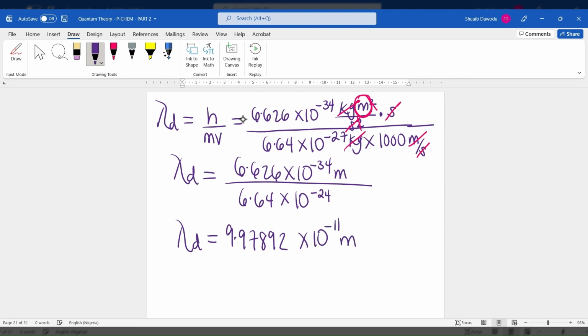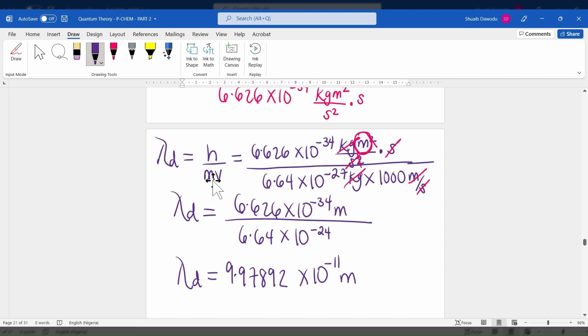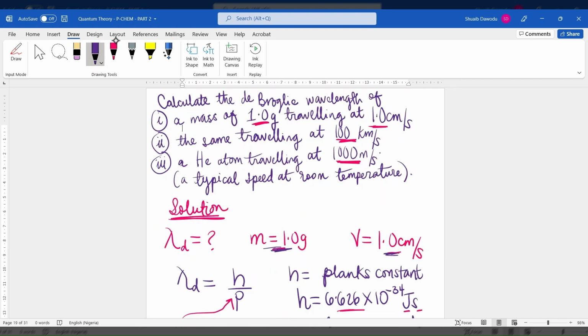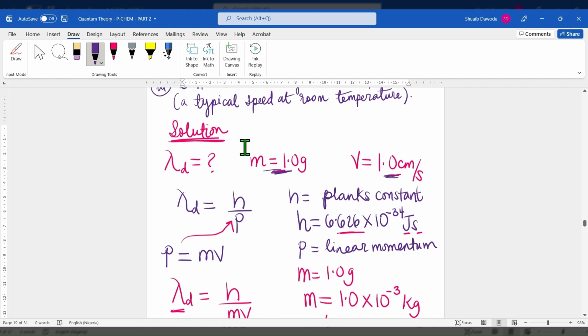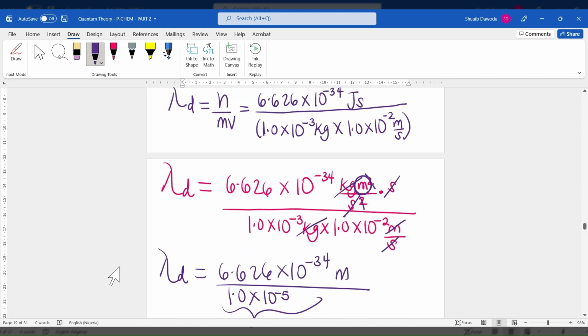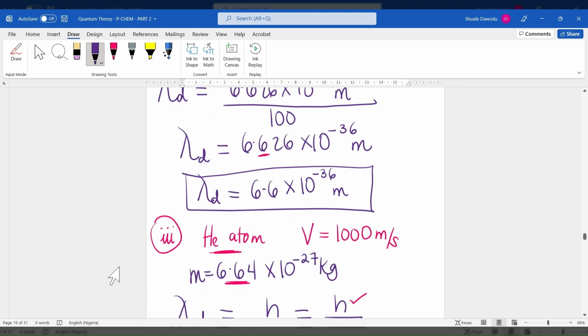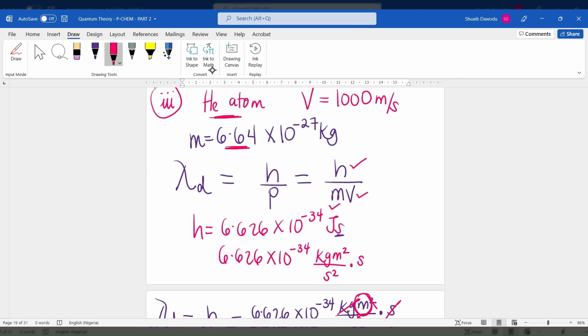And again, we are chemists. We have to put our work in the proper number of significant figures. And when we go back to our question, we will see that besides the fact that this is 1000, we also have to remember that we use the He atom, right? And when you go to the question, you see that the mass of the He atom, we use it in three significant figures.